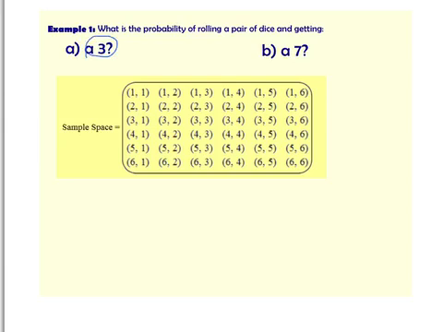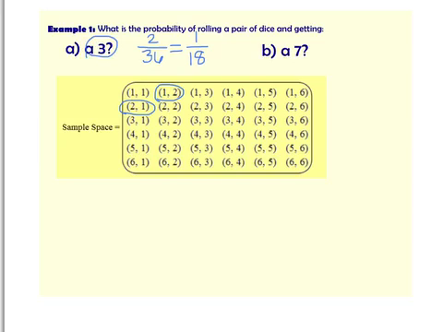That would be if I roll a 2 and a 1 or a 1 and a 2. So there are 2 ways to get that specific event to occur out of a total number of 36 occurrences. So the probability is 2 over 36, or if we reduce, 1/18.